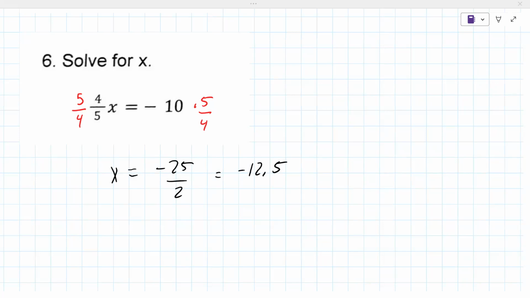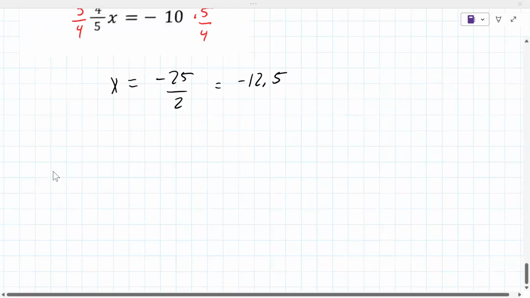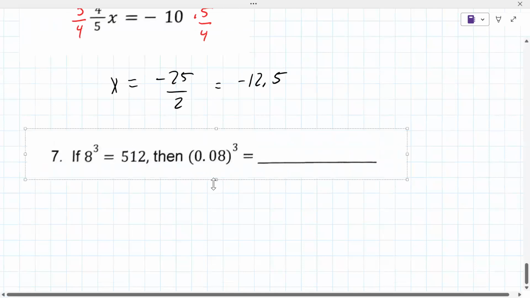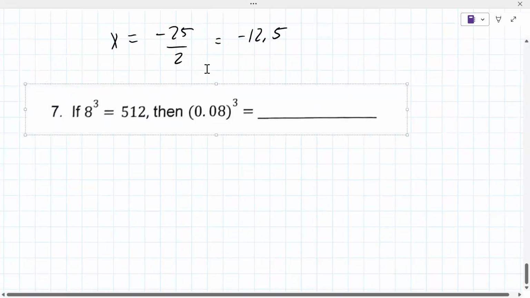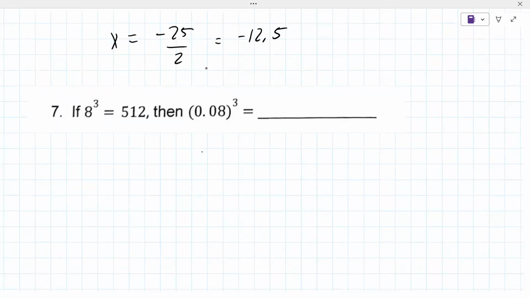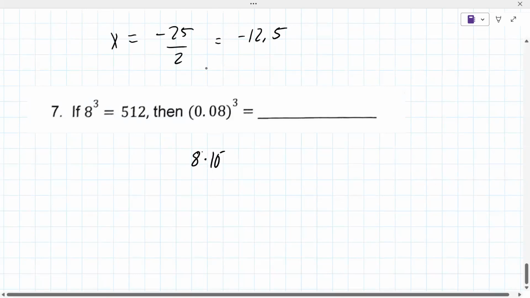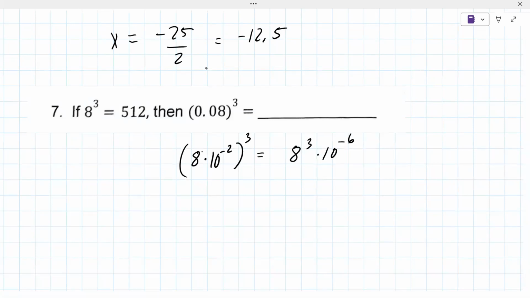Okay, so 7 was a problem that you talked about for your test. Hopefully that went okay on your test. So it's 8 times 10 to the minus 2 inside parentheses, so it's really 8 cubed times 10 to the minus 6, which means that you move the decimal place 6 times left. 1, 2, 3, 4, 5, 6.